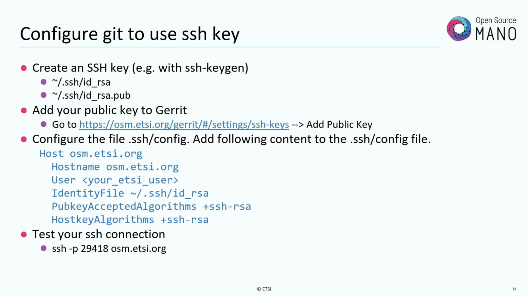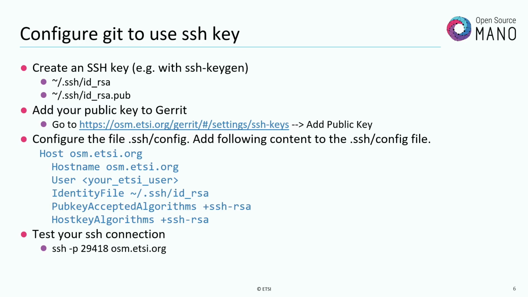Then we need to add our public key to Gerrit. You can see the link, osm.org Gerrit settings. We can go to SSH keys, and there is a place there where we can click add public key and paste our public key. Now we have added our public key to Gerrit.